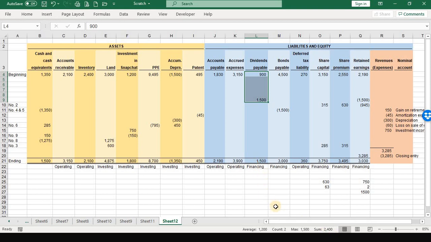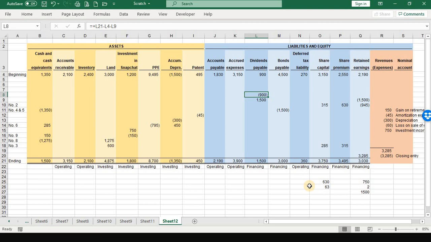However, the ending balance is 1,500, which means that there is an additional transaction affecting dividends payable for 1,500 less 900, then less 1,500. So there must be a decrease of 900 pesos, which is a debit to dividends payable.